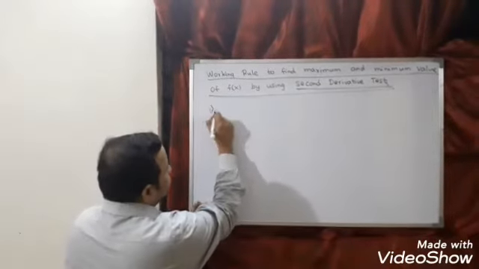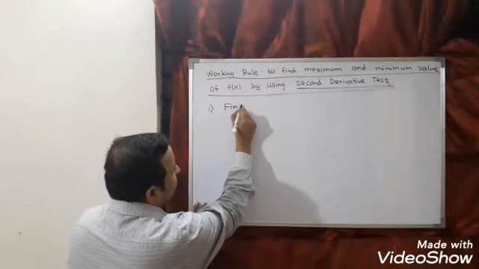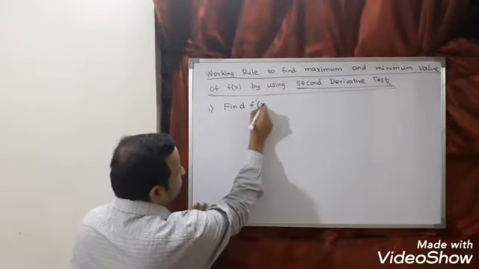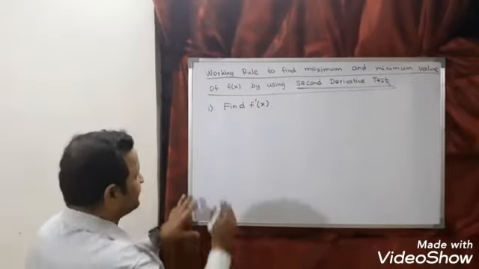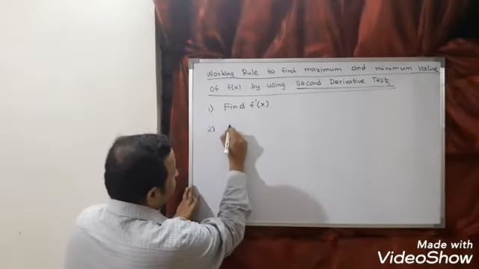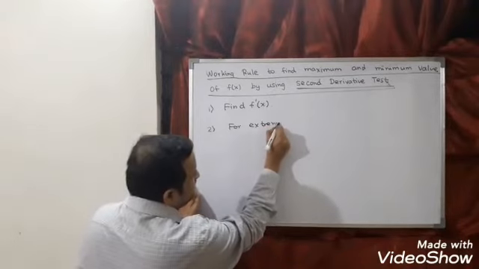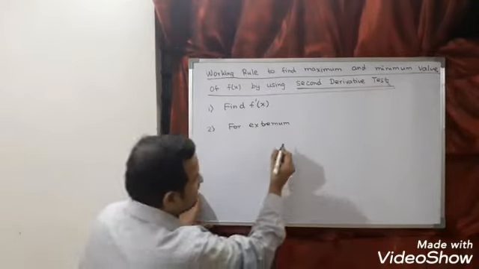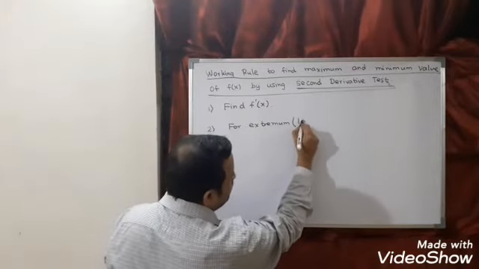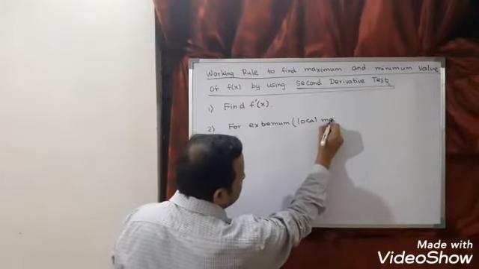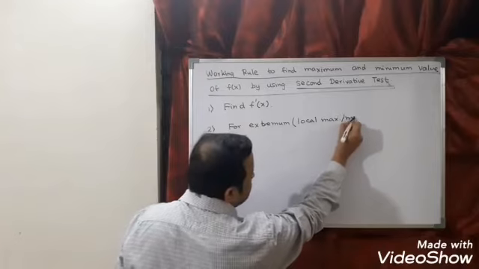The first step is find f dash x. Second step is for extremum. Another word for extremum is local max or min.